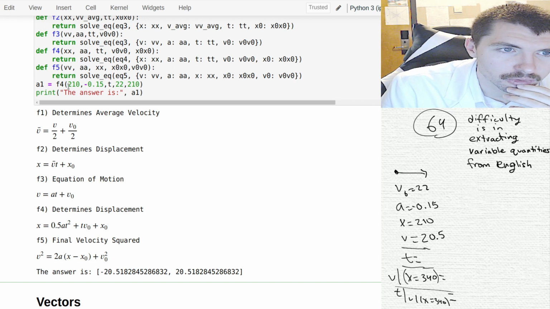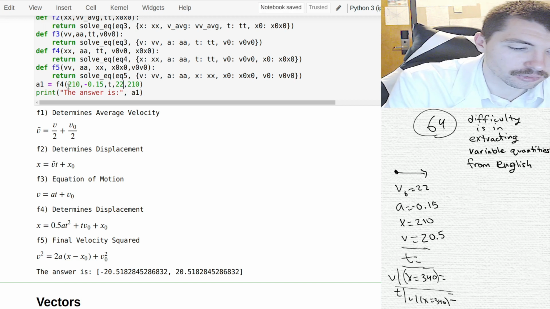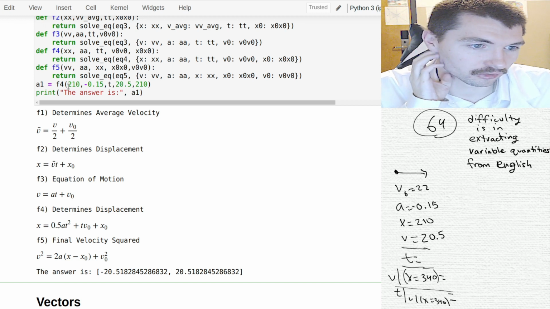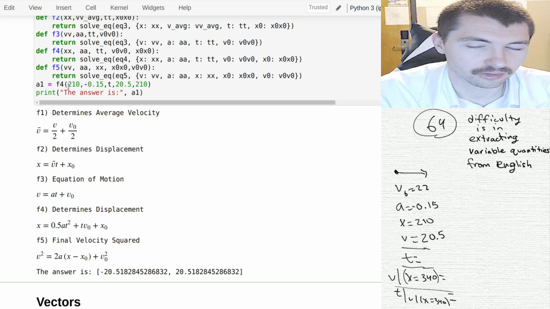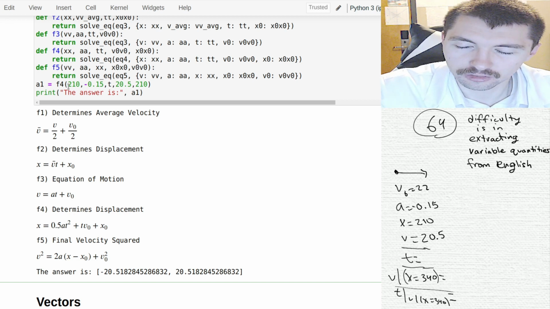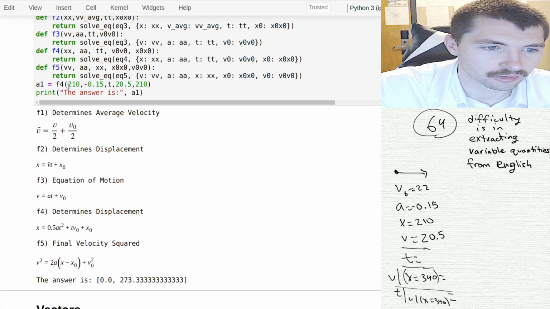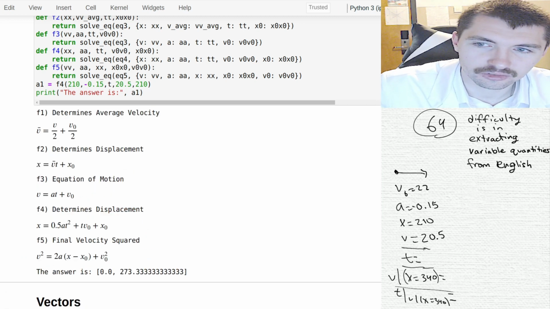So I guess we're not using 20.5. We don't need that, I don't think. 210, V naught's 22. Or maybe I want this to be 20.5, because it's going to be when it passes. It's like the end V becomes the new V. Does that make sense? All right, so I'm guessing it's 273 seconds.